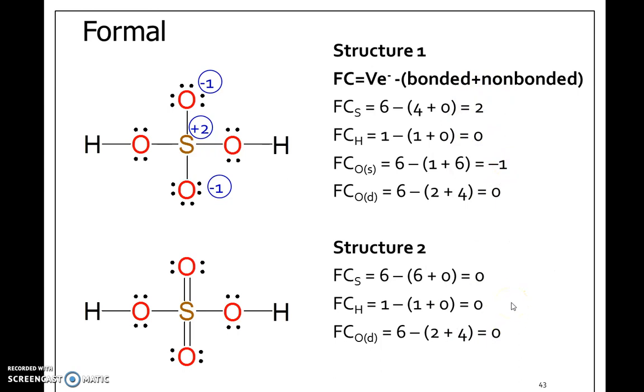Now you might run into examples where both structures give a positive and negative formal charge, and it's by the lowest number. Also pay attention to the assignment. Sometimes what happens, and we might get through this example today, is that when you calculate the formal charge, and if you create the wrong structure, you'll see something weird like oxygen would have a positive charge.